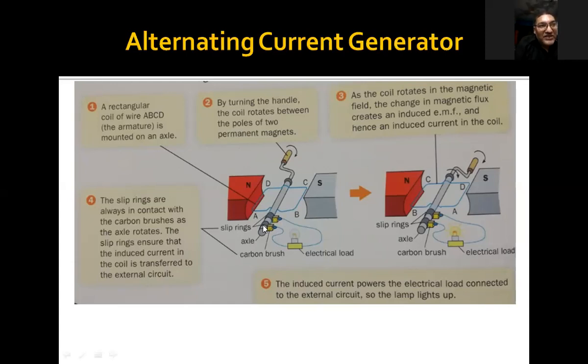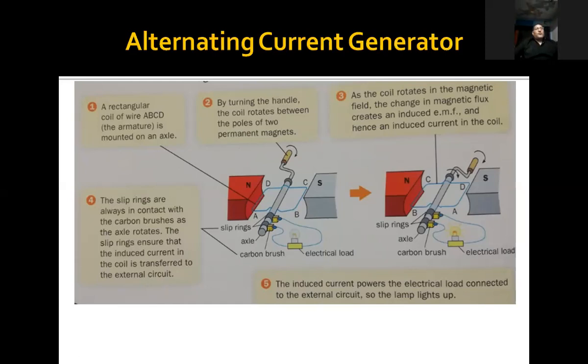These two, the dark colored, are slip rings, and here we have carbon brushes, and with the carbon brushes we have leading wires, and here we have a lamp. That lamp is switched off. When you rotate it, the electricity will be generated in the generator, and the lamp will switch on. It will glow, it will give you light.